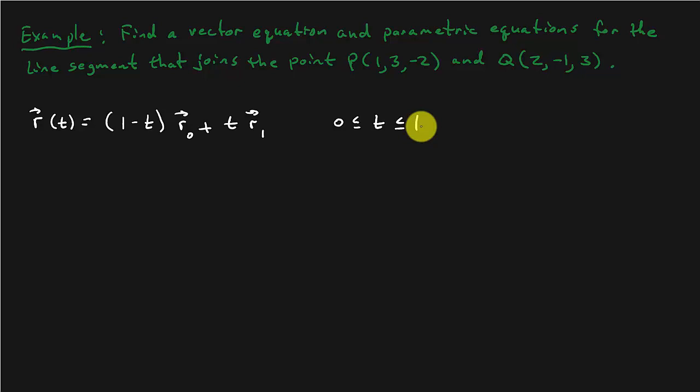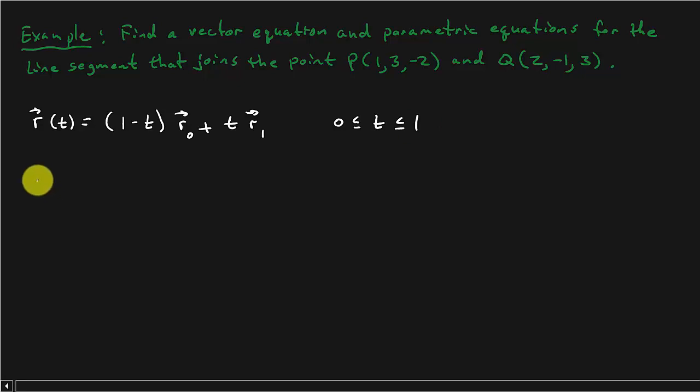All right, so let's find the vector equation. Well, we have vector r0 is equal to (1, 3, -2). There's your r0. And then r1 is equal to this one, (2, -1, 3).